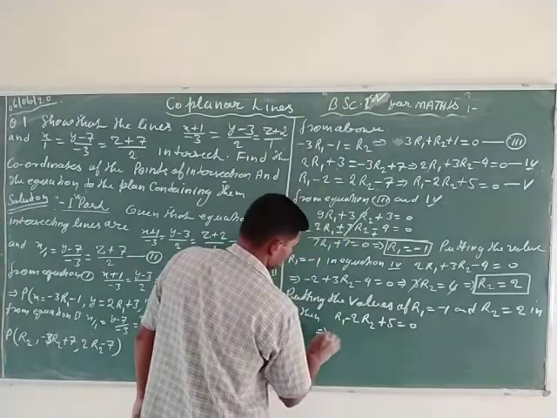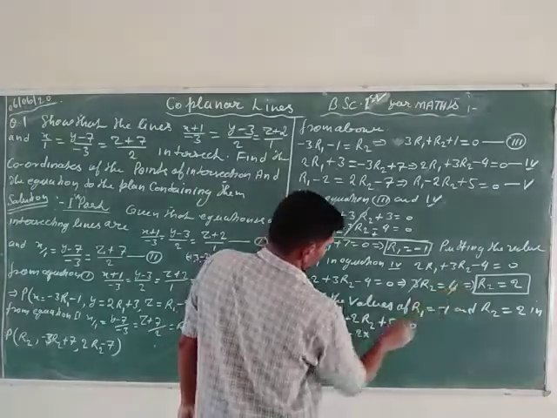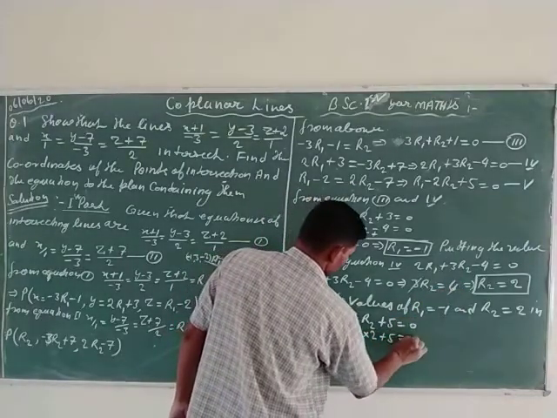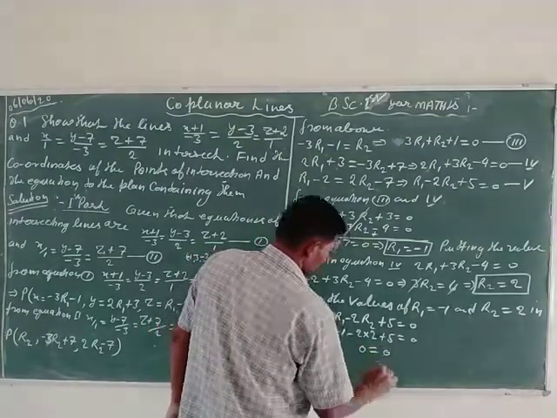It implies minus 1 minus 2 into 2 plus 5 is equal to 0. After simplification, 0 is equal to 0.